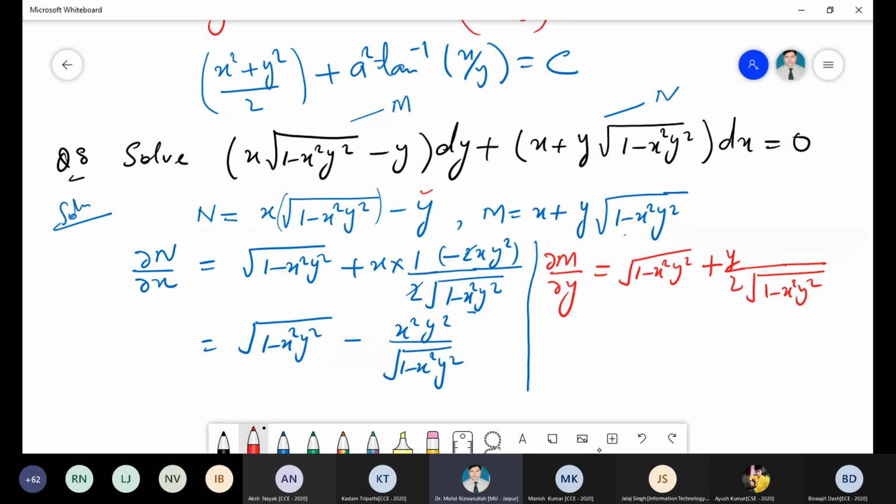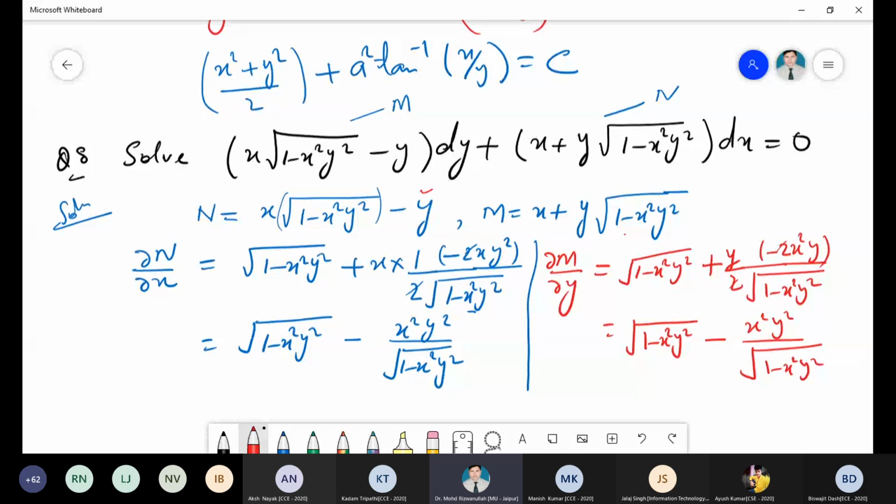Again differentiating, this will be minus 2 x square y. Fine. So this will be equal to square root of 1 minus x square y square minus 2 cancel, so this will be x square y square divided by square root of 1 minus x square y square.